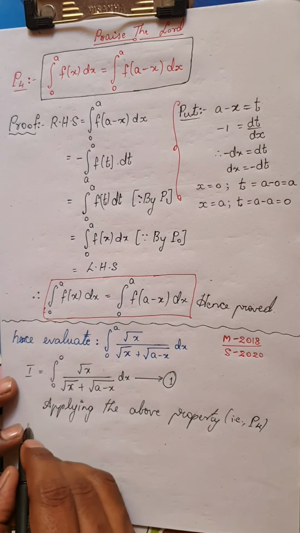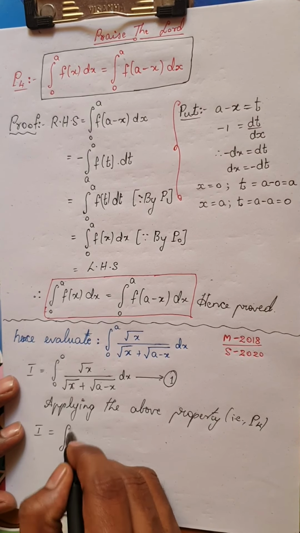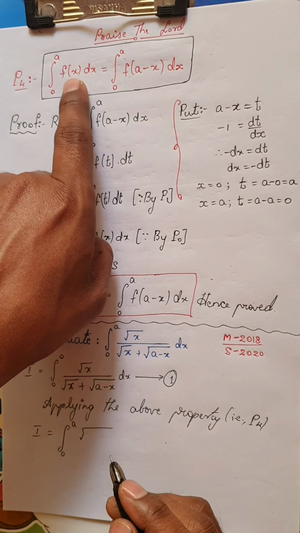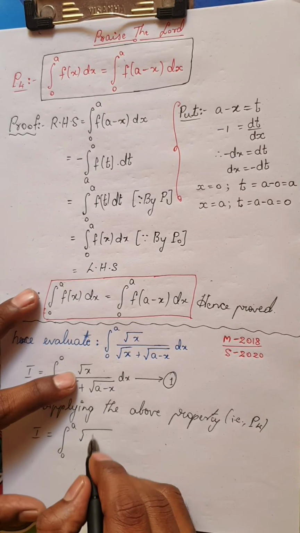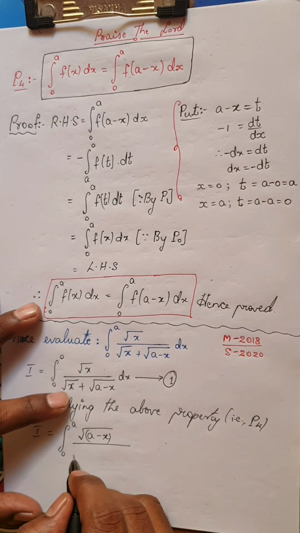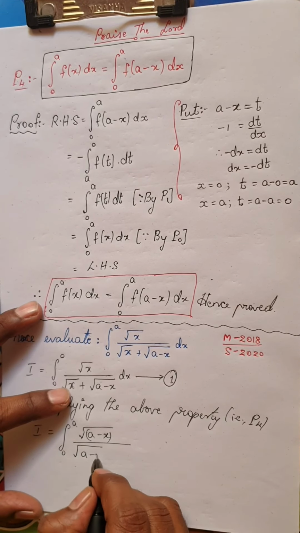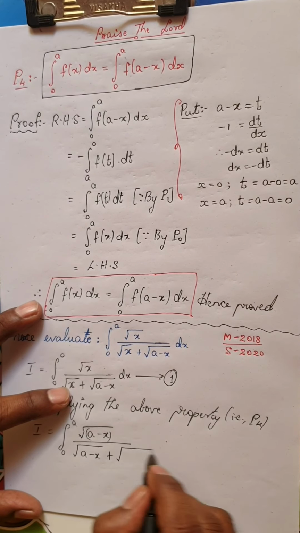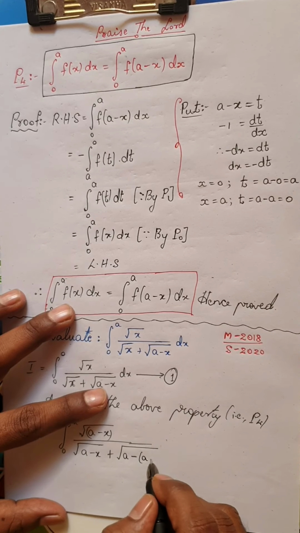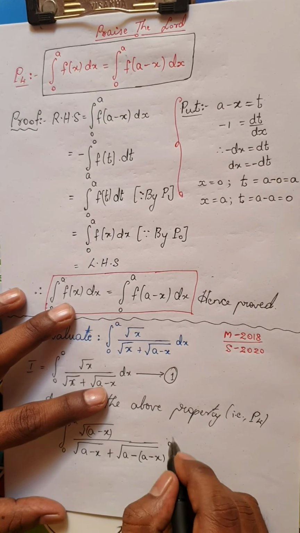See what happens. So I is nothing but integral 0 to a, as I told you, wherever you have x, replace x by a minus x. So this would be root of a minus x divided by, again root of x is replaced by a minus x plus root of a minus x is replaced as a minus a minus x. Please be careful.